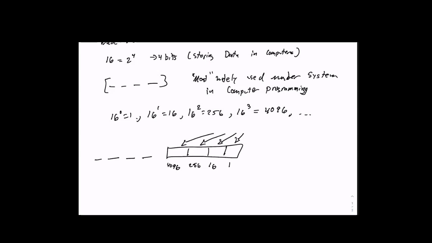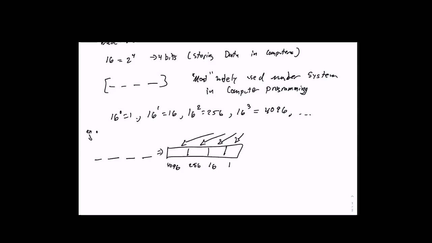Now remember, for binary, how many options did you have, for octal, for decimal, how many options do you have for hexadecimal? No, it's not 4. I think you went backwards. That's how many digits.